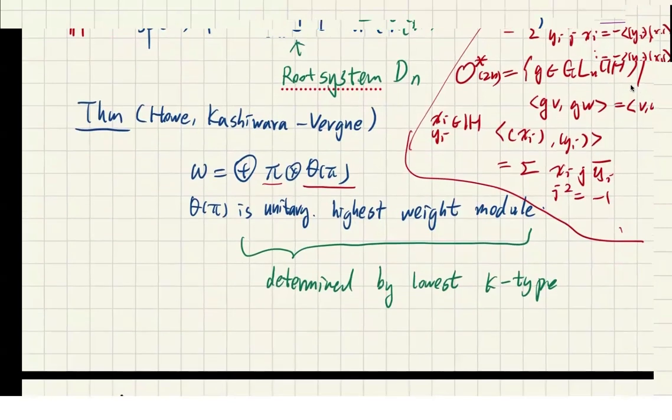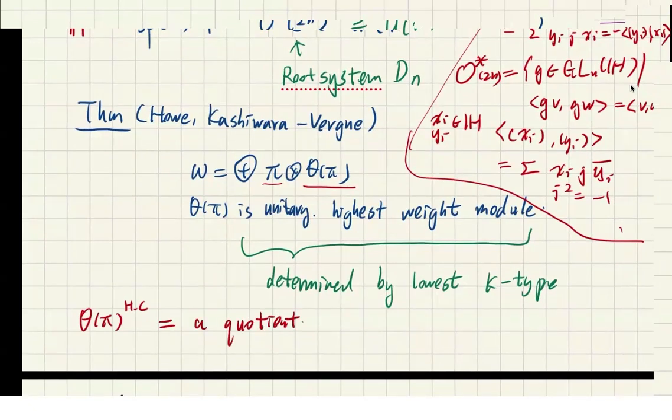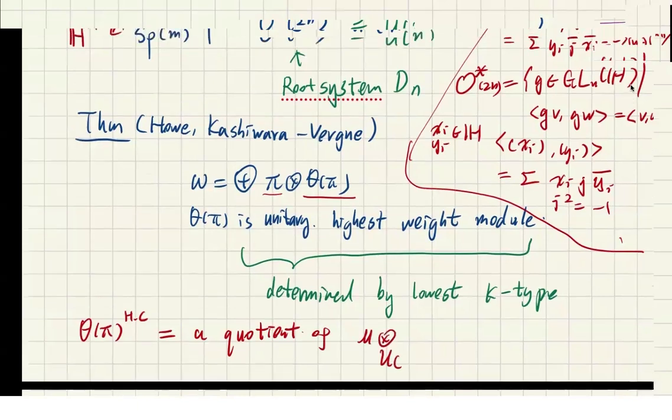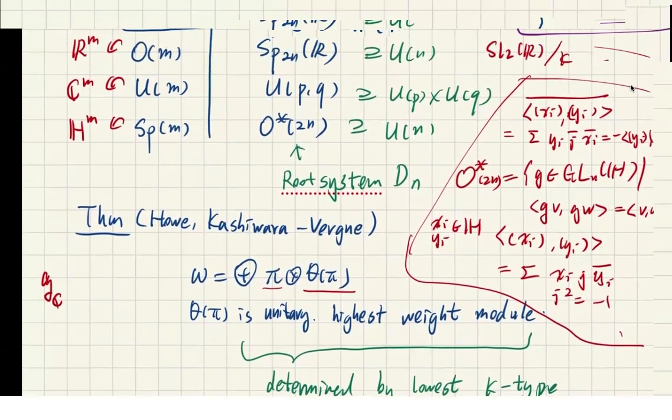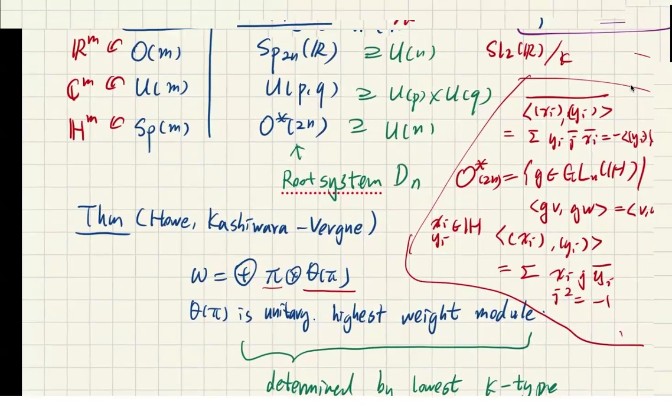So the (g,K)-module of this sigma pi is basically a quotient of mu tensor. In this case, I forgot to say that it's the complexification of. Okay, so I should write this as H.